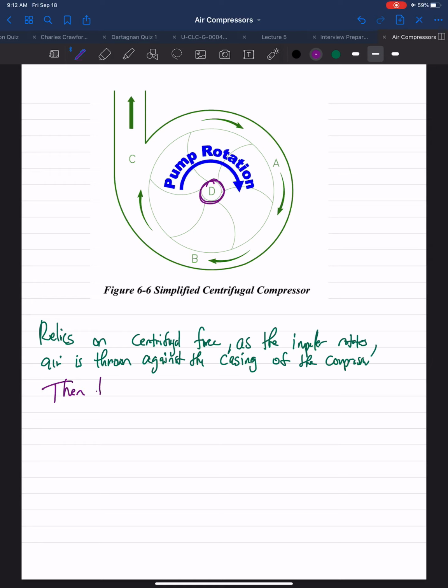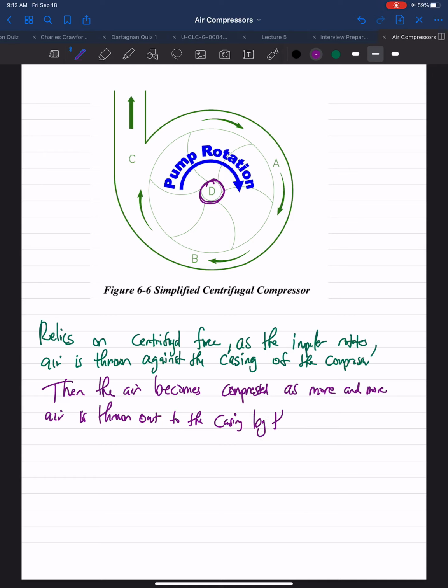Then the air becomes compressed. It's more and more air is thrown out to the casing by the impeller blades.